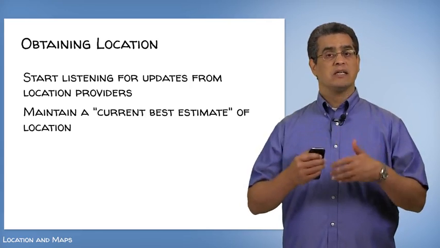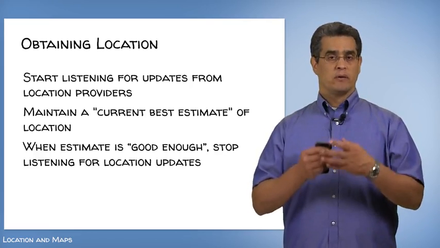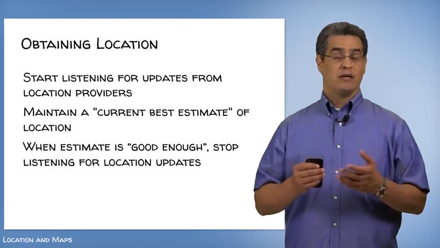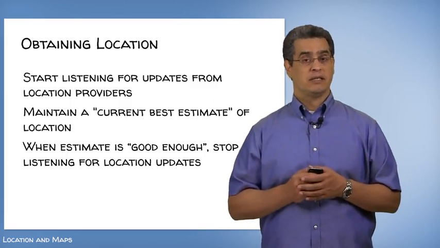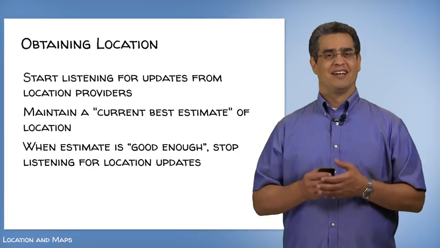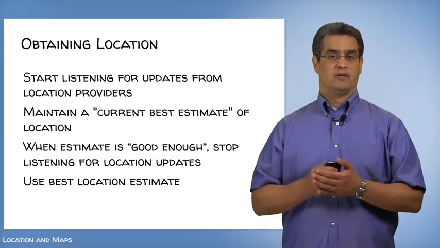And as this process unfolds, the application should determine when the current best estimate is good enough. And at that point, it should stop listening for location updates by unregistering the location listener. And finally, it can use that best estimate as the current location.